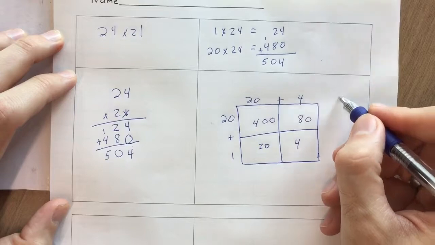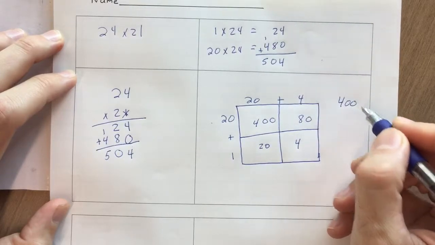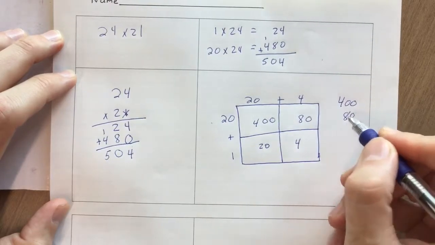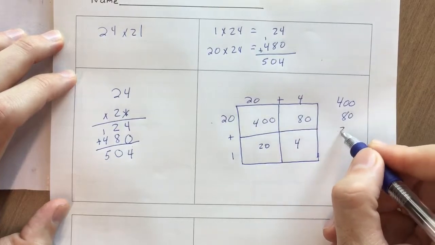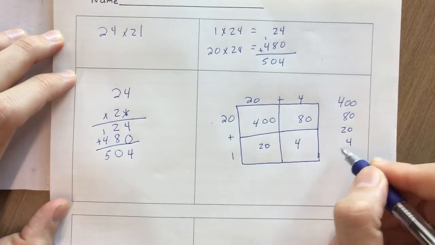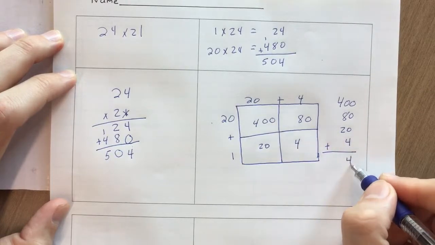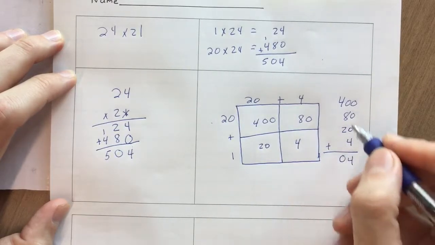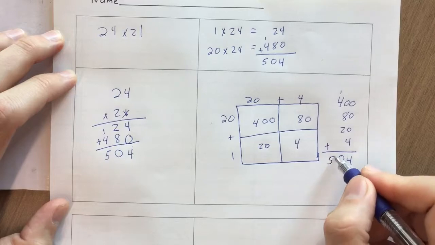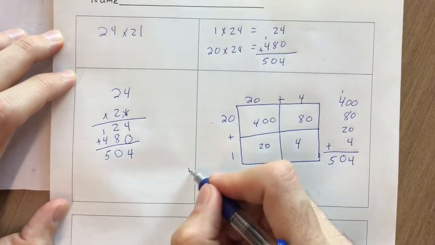And then I'm going to add all these up. And I always want to put my longer numbers first. Put my plus sign, my addition sign. Got 4, 8 and 2 is 10, carry my 1, 4 and 5. 504, and that checks.